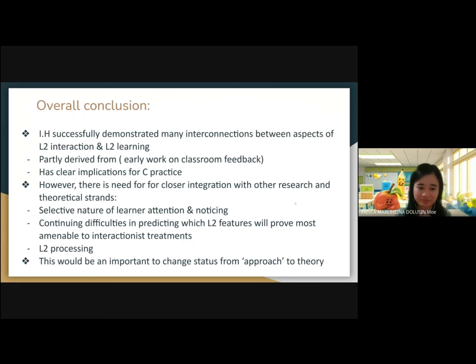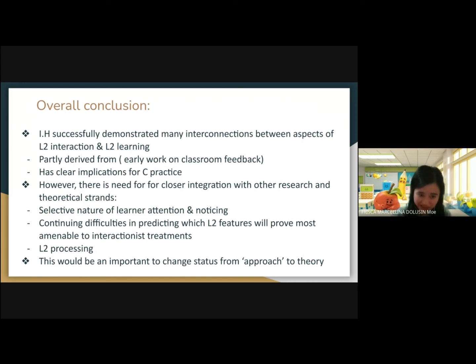So, overall conclusion: the interaction hypothesis successfully demonstrated many interconnections between aspects of second language interaction and second language learning. Okay, so interaction equals learning. Learning is partly derived from early work on classroom feedback, and this classroom feedback has clear implications for classroom practice.